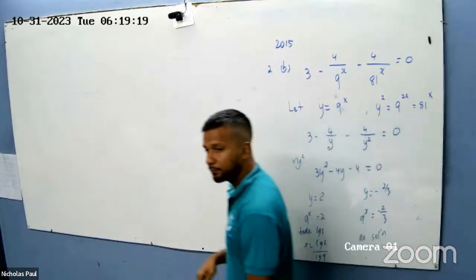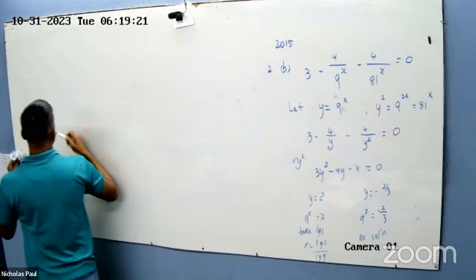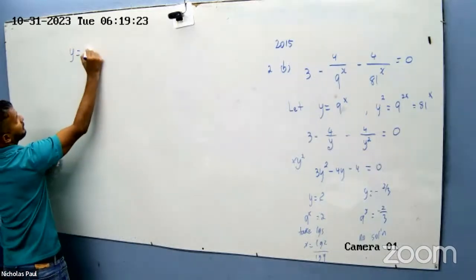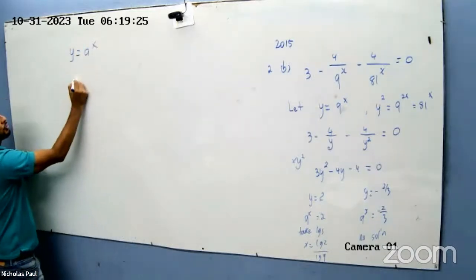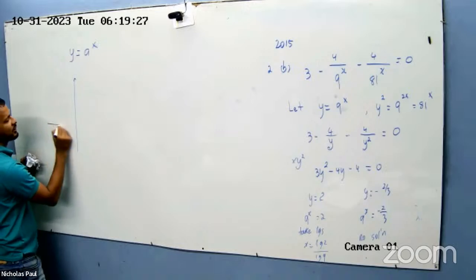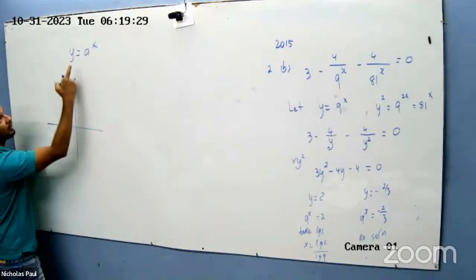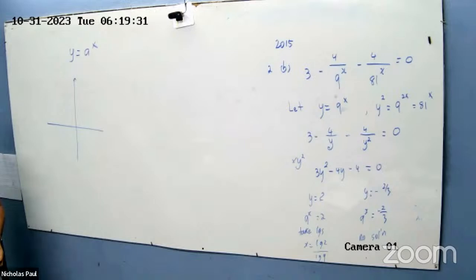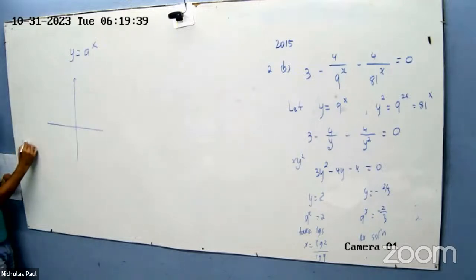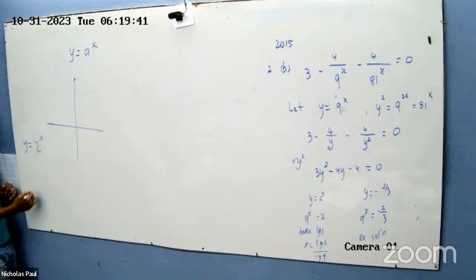All right. So here is something that I want to finish up the class with. We would like to try to get a sketch of the graph y is equal to a to the x. If you want, we could use y is equal to 2 to the x. It doesn't matter, they always have the same shape.